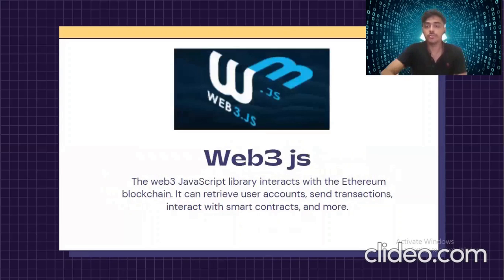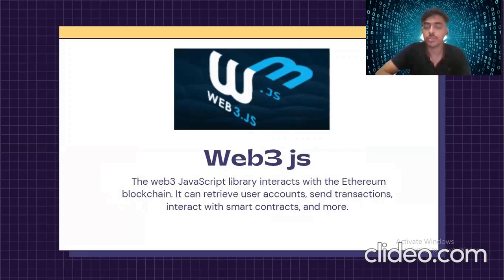The fourth term which we are going to use is Web3.js. Web3.js is a collection of libraries which will help us to interact with a local or remote Ethereum node. Basically, if you are programming on your system using the Truffle framework, we'll cover what Truffle is in another video. Truffle helps us write smart contracts on your system.